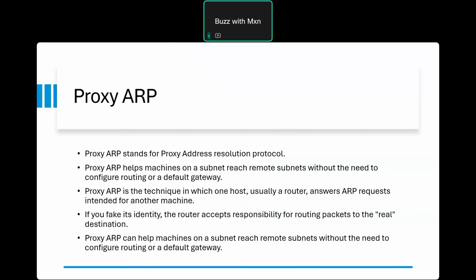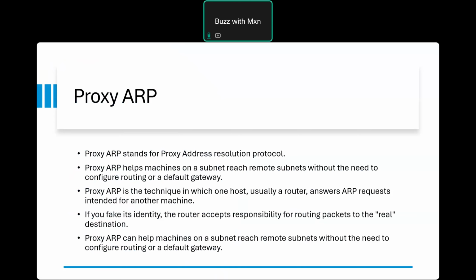ARP, you must be aware, helps in mapping IP addresses to the corresponding MAC addresses. For example, this is my laptop. I want to reach some other device inside my network. My laptop is connected to a switch, and that switch is connected to another host. So I want to reach that host. I need the IP address of that host.